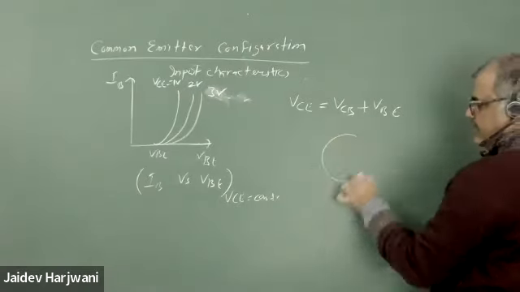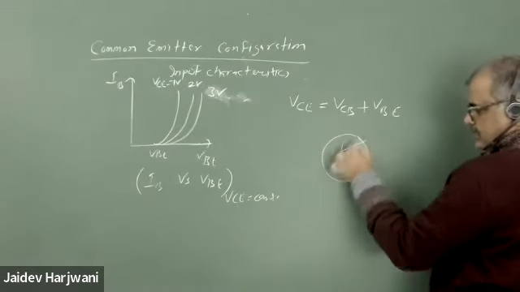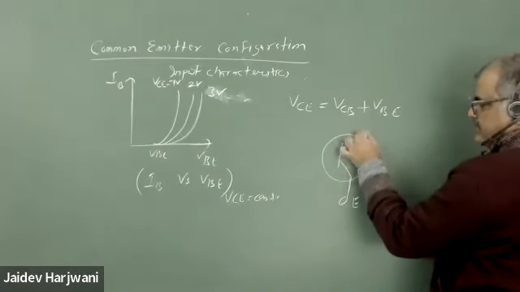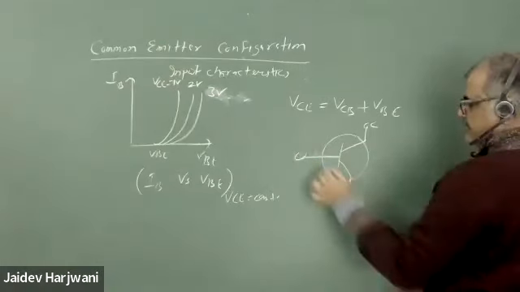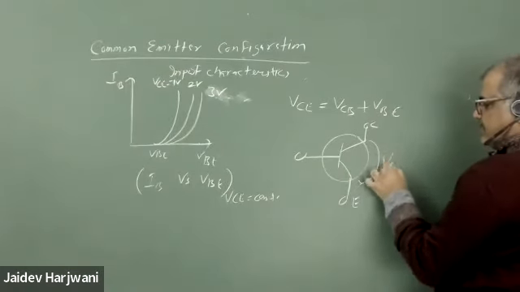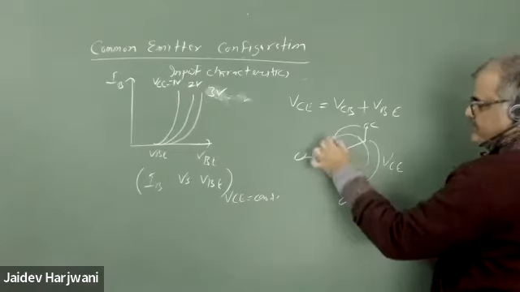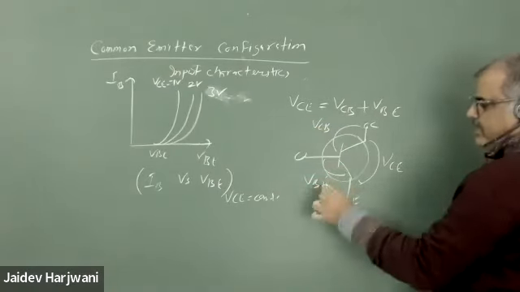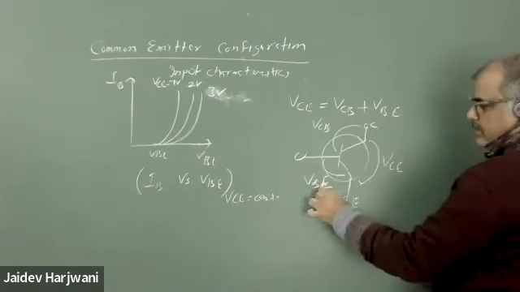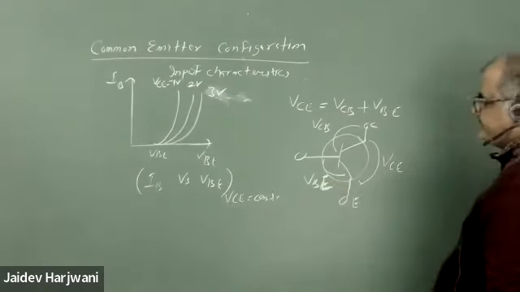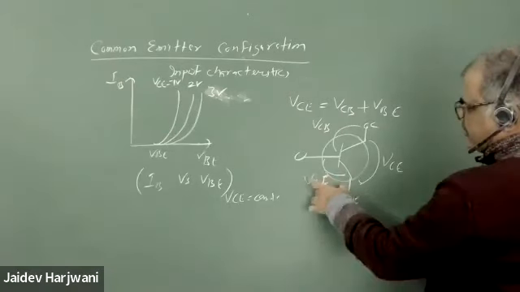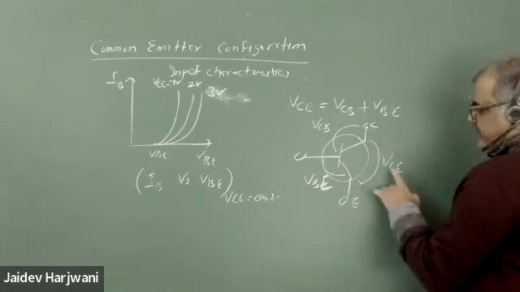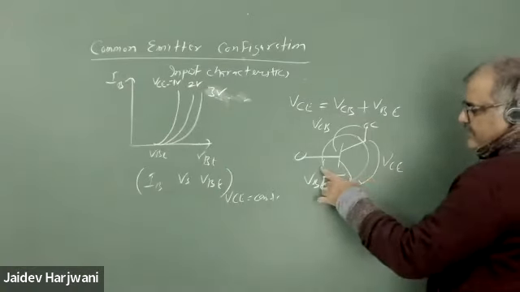Suppose I draw a common emitter transistor with collector and base; this voltage is called VCE, equal to VCB plus VBE. VBE is almost constant, 0.7.